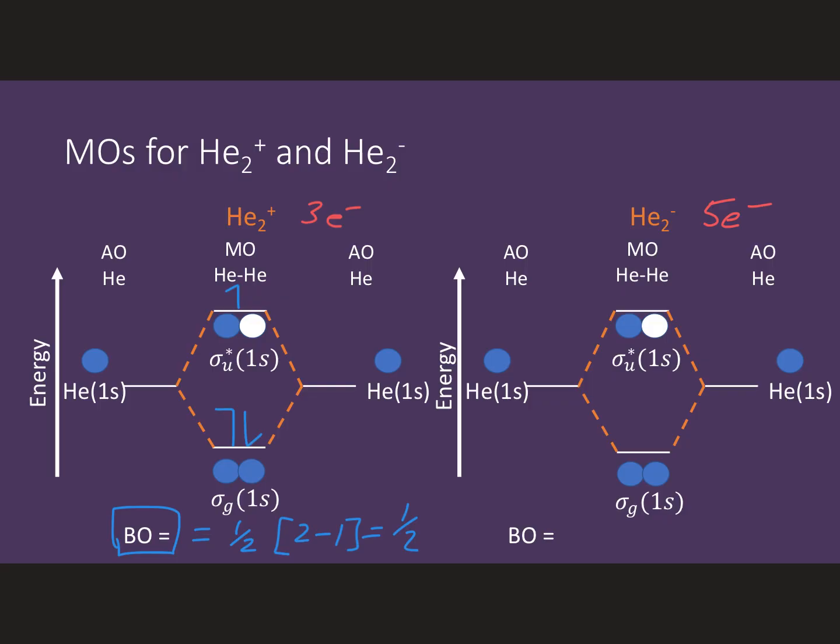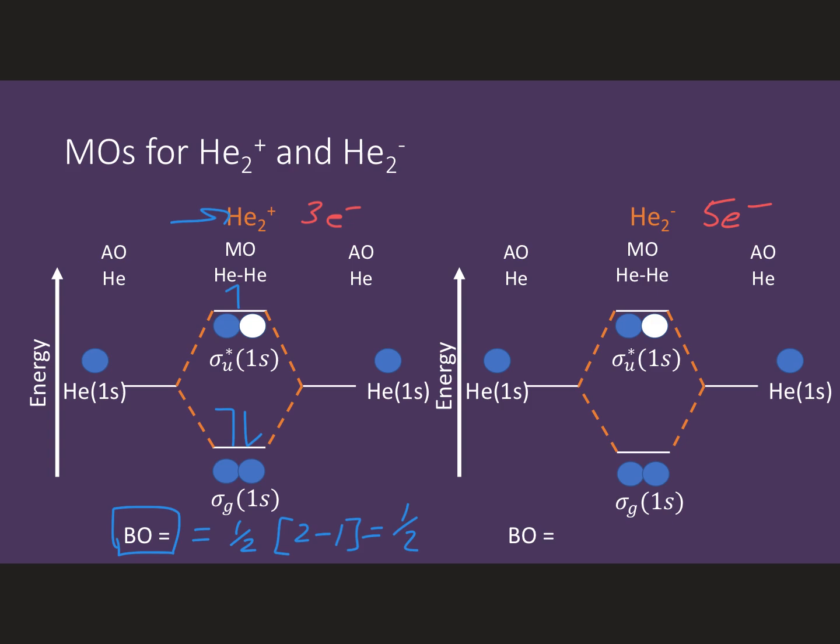So just like we saw with some other cases, here is a case where we have a real molecule that can form a molecular ion. He2 was not stable, but He2 plus is stable, which is pretty cool. And yeah, we've actually seen this experimentally. There's a lot of experimental work that's been done on this. It's a pretty cool molecule.